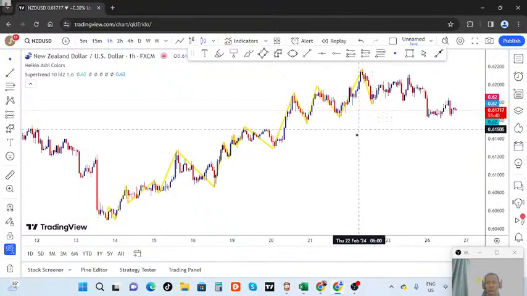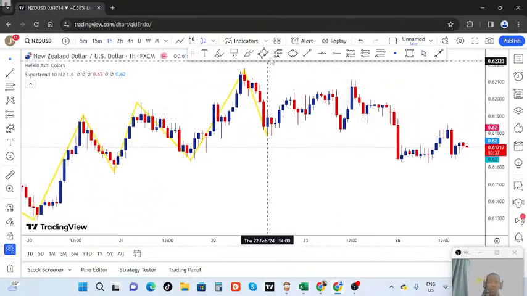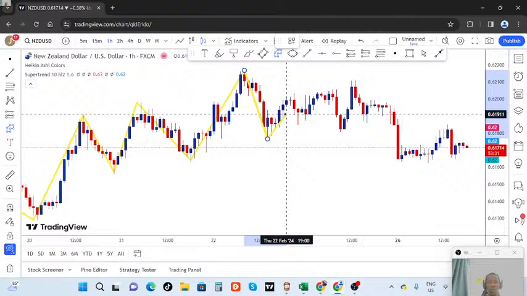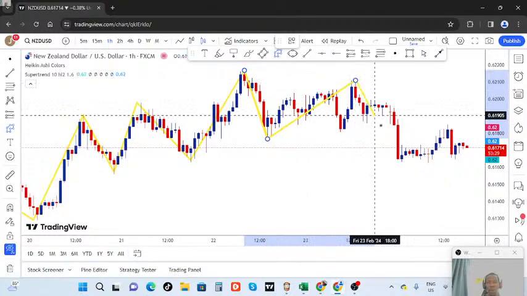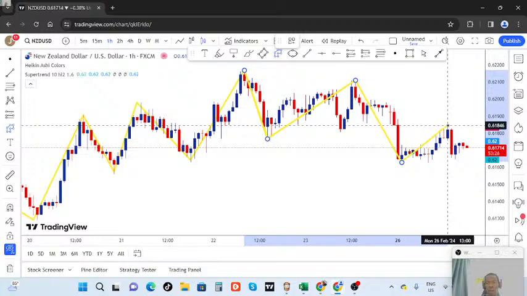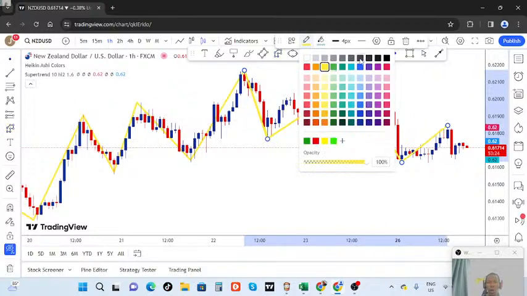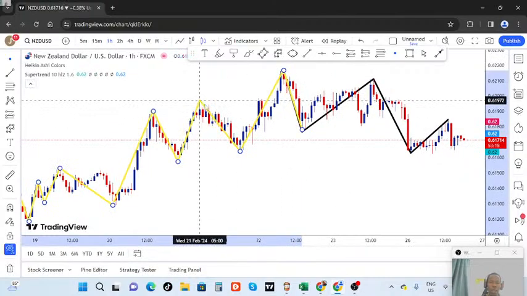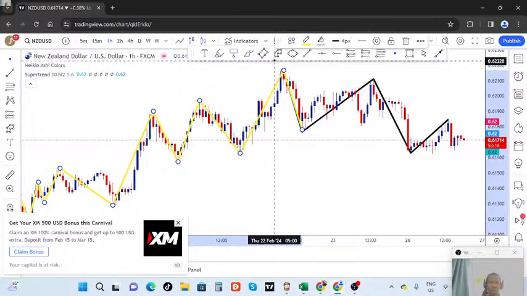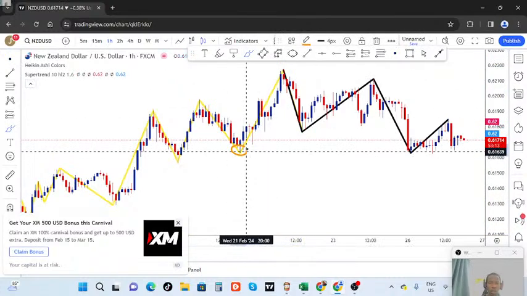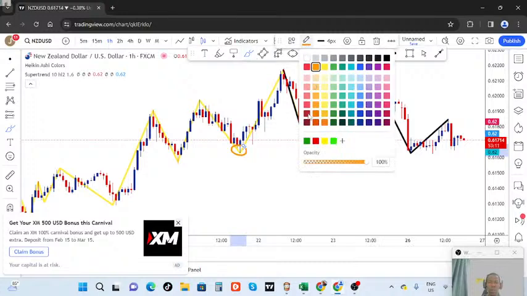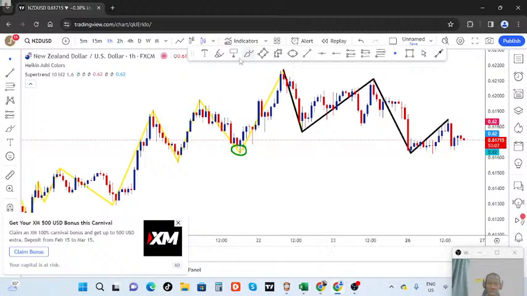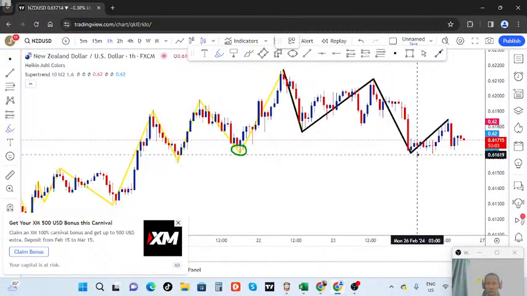What happened next? The market changed direction and started making lower lows and lower highs, and now we are here. At this point, let's take this low here.